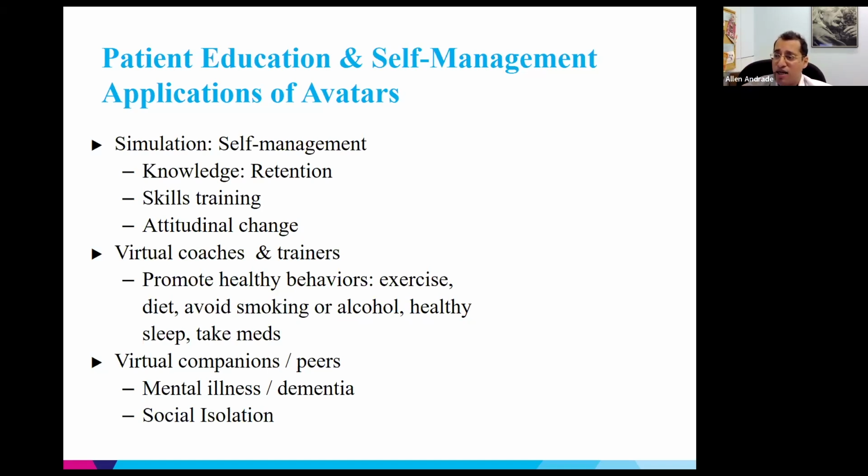To help people exercise more, to adopt a healthier diet, avoid bad habits like smoking or alcohol misuse, good sleep habits, medication adherence, and also to serve as companions or peers, especially if equipped with artificial intelligence-like features that can assist people with loneliness, people who have cognitive deficits, people who are socially isolated.